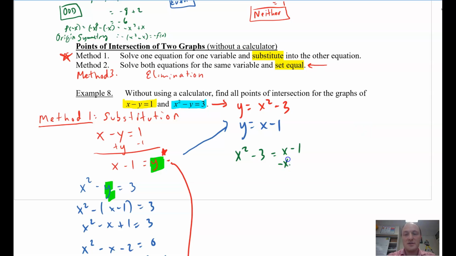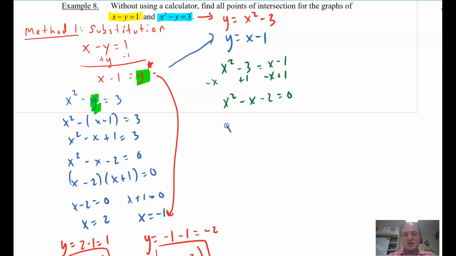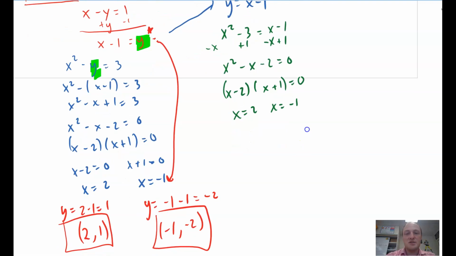Subtract x, add 1, subtract x, add 1, and we get x squared minus x minus 2 is equal to 0. Then we solve: x minus 2, x plus 1, giving us x equals 2, x equals negative 1, giving us our solutions of (2, 1) and (-1, -2).